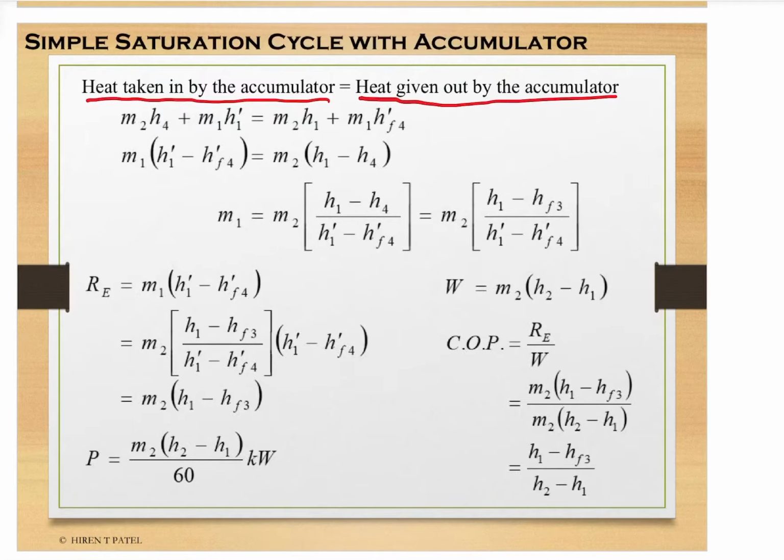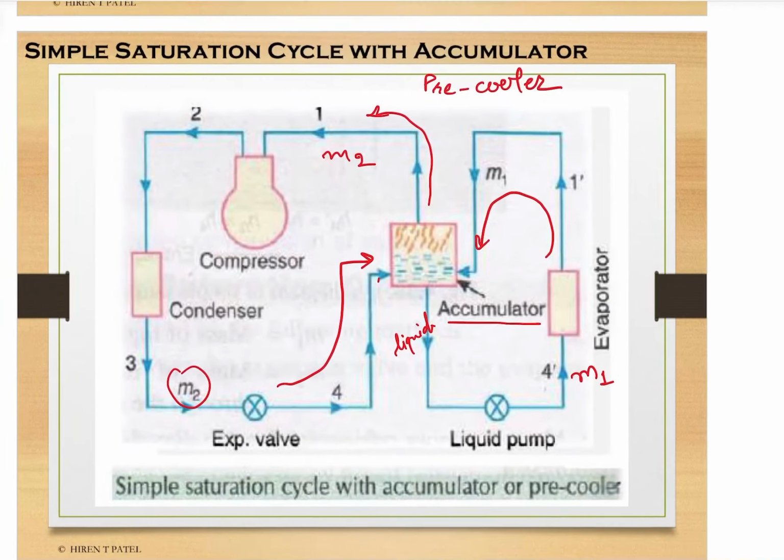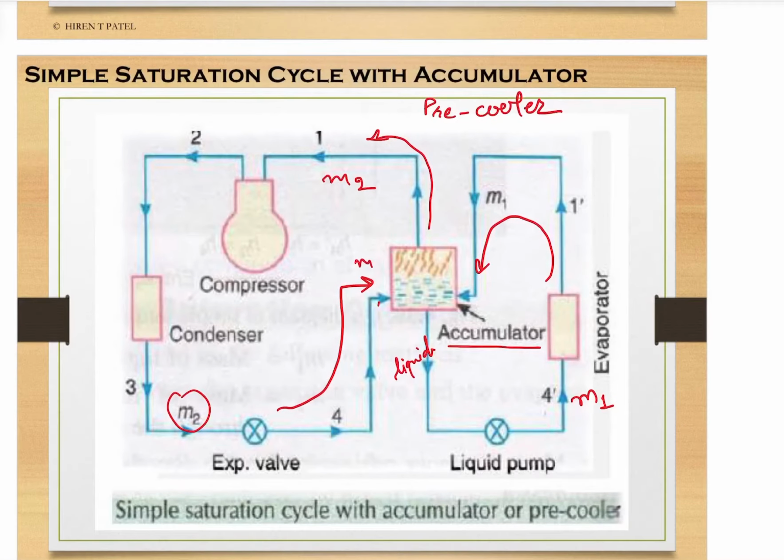So heat balance: m2h4 plus m1h1 dash. Here we can see that m2 is entering and m2 is rejecting, and m1 is exiting and m1 is entering. So liquid plus vapor, that is m1, is entering the accumulator after the evaporator, and m1 amount of liquid is transferred to the evaporator.